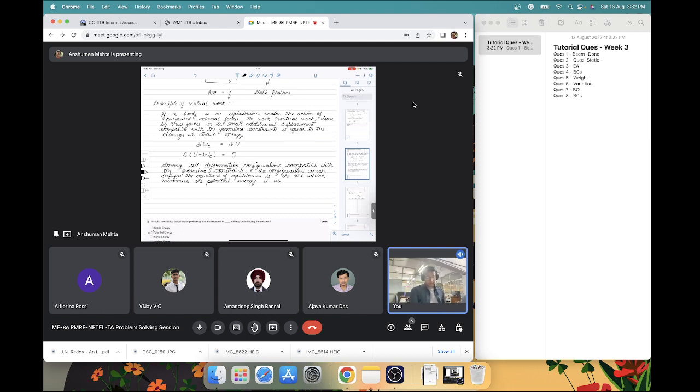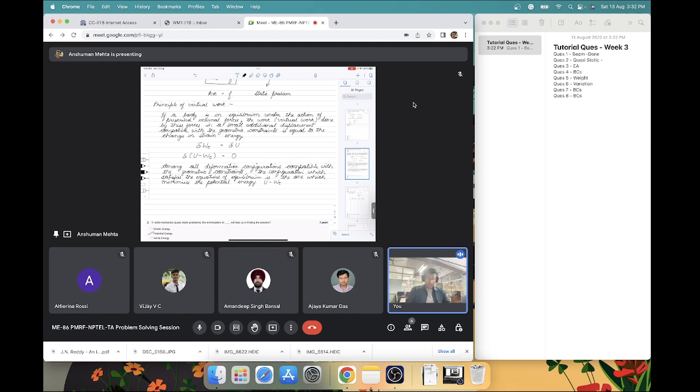So this is a statement of minimization of potential energy. Among all the deformation configurations which are compatible with the geometric constraint, the configuration which satisfies the equation of equilibrium is the one which minimizes the potential energy.